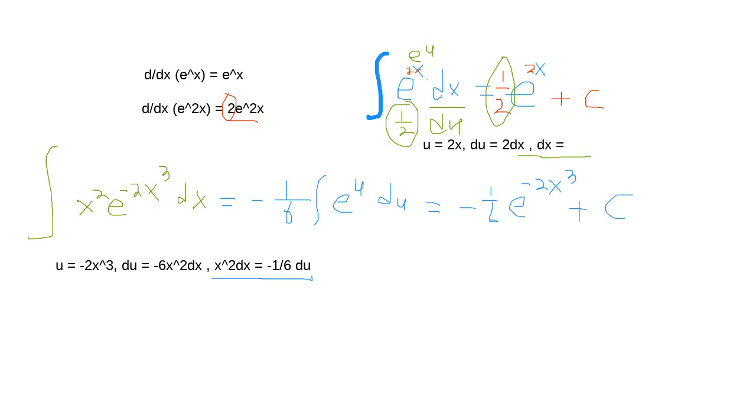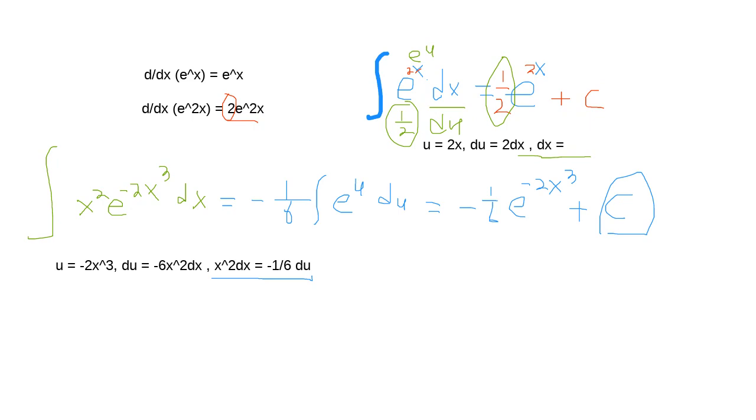Because we have no lower limit, upper limit, it's called an indefinite integral. With an indefinite integral, we get a family of functions. The function depends on the constant c. So we just add c to it.